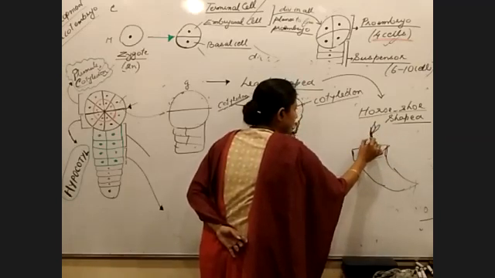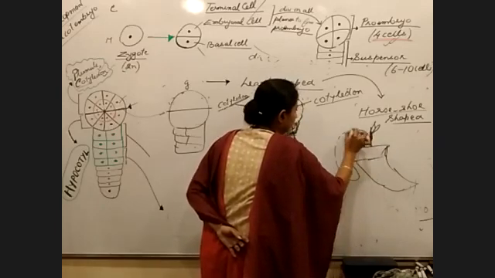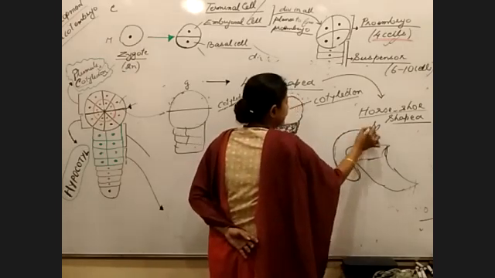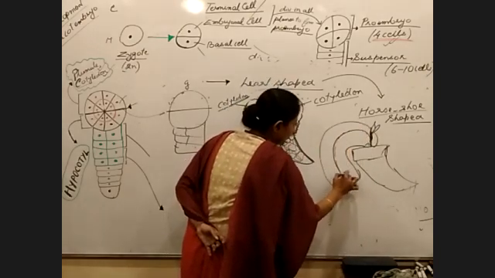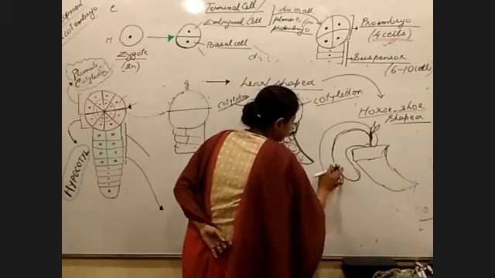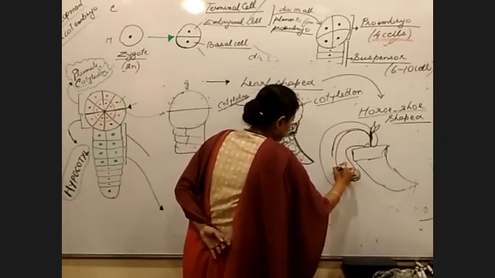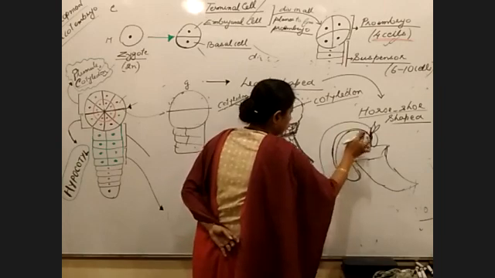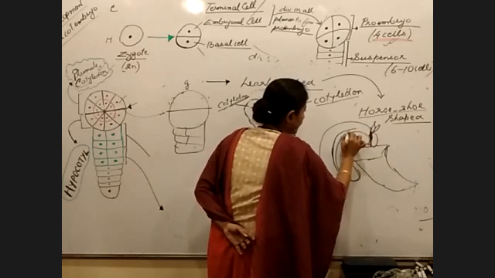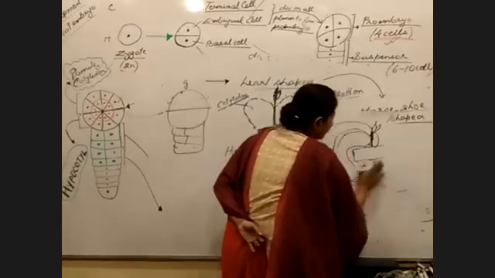What happened to the cotyledon? The first cotyledon bent. Secondly, the second cotyledon also bent over the first one. Is the point clear? Did you understand?